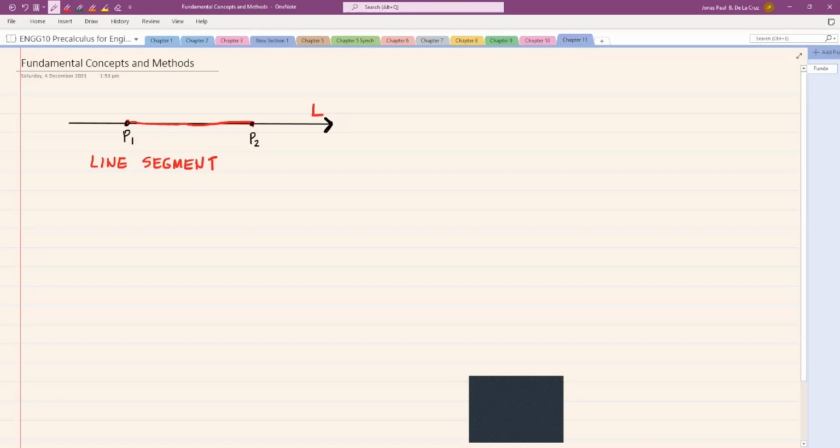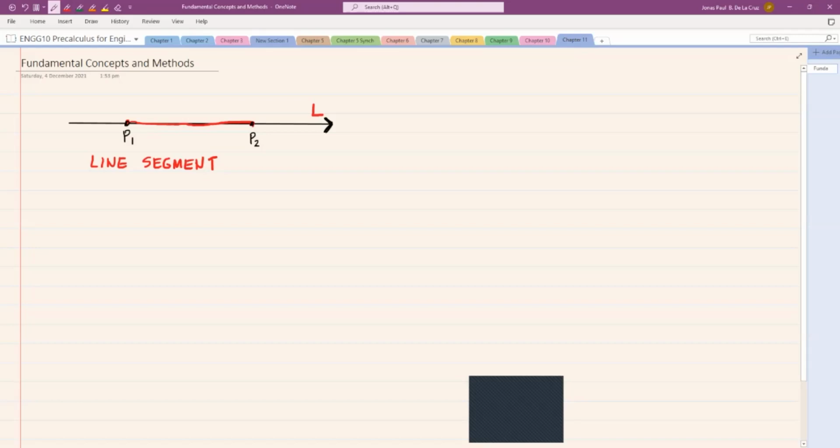So ngayon, if we want to extract itong point P1 tsaka point P2 dito sa directed line na to, syempre, itong P1 tsaka P2 is now called a directed line segment kasi nanggaling na siya doon sa directed line. Okay?